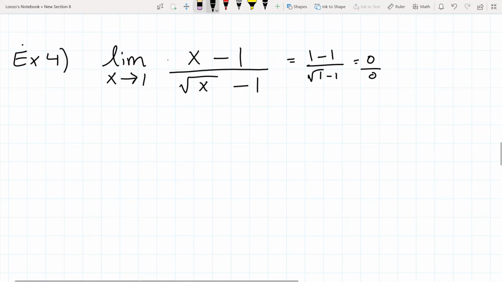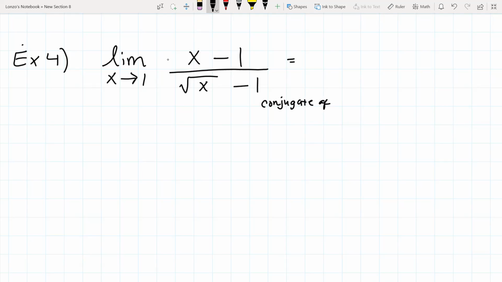So what you're going to do is multiply top and bottom by the conjugate of the denominator. So I'm going to multiply here by radical x, and the conjugate of the denominator is radical x plus 1.